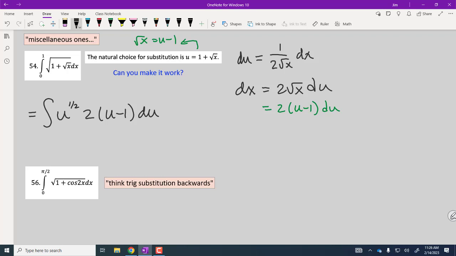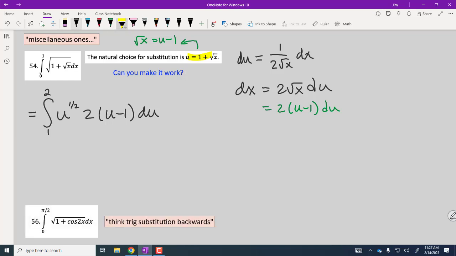Limits of integration. When x is 0, u is 1. When x is 1, u is 2. So we use this to switch our limits of integration. And now we're golden. Now we are golden because we can factor the 2 out to the front. And in here, we end up with u to the 3/2 minus u to the 1/2 du.